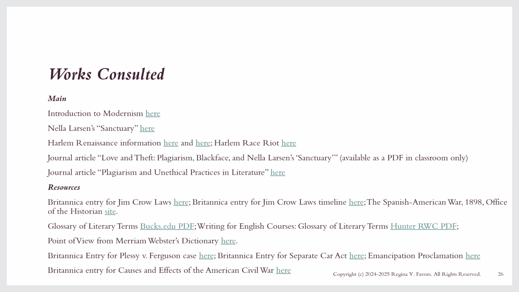When you upload it, it's uploaded in the classroom, so you should be able to have access to it. In the journal article, plagiarism and unethical practices. So don't forget Jim Crow, Britannica Jim Crow information, Jim Crow laws, Spanish American War, glossary of literary terms, point of view, entry for Plessy v. Ferguson, Separate Car Act, Emancipation Proclamation, and then the causes and effects of the American Civil War.